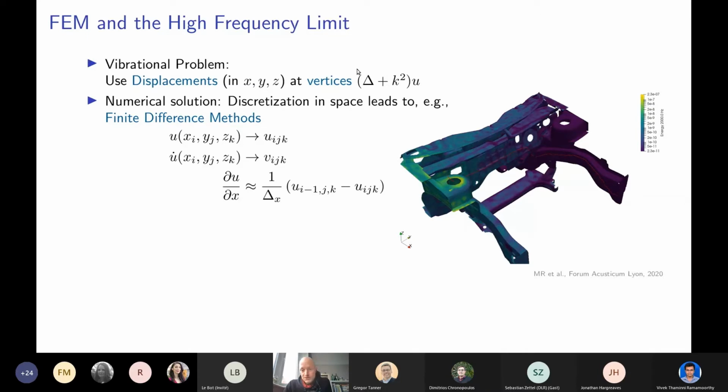Or alternatively, you use the same mesh, but then use test functions and rewrite your partial differential equation in a weak form, and the solution is then such that it is correct for a certain set of test functions, which would lead you to finite element methods.